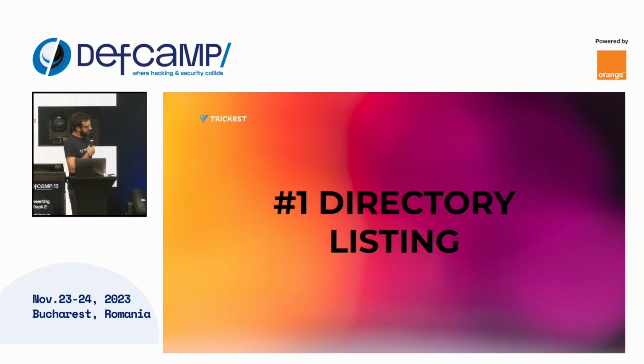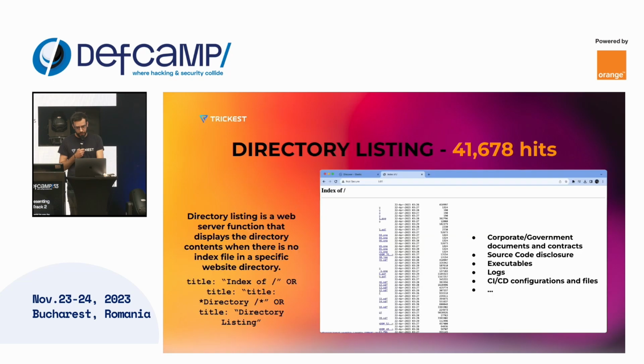The first that came to my mind is directory listing, which has a lot of hits, nearly 42,000. This means that it just prints out all of the files and folders in a web server directory, and all of these requests are sent to the root path. So we didn't do any brute forcing. It's just a simple request to the root path.